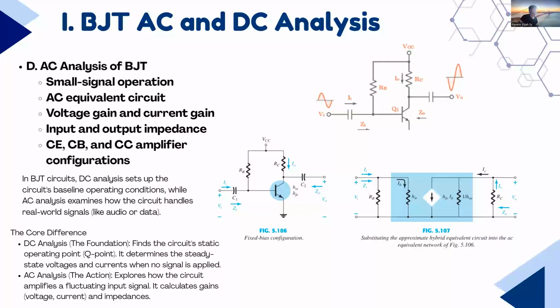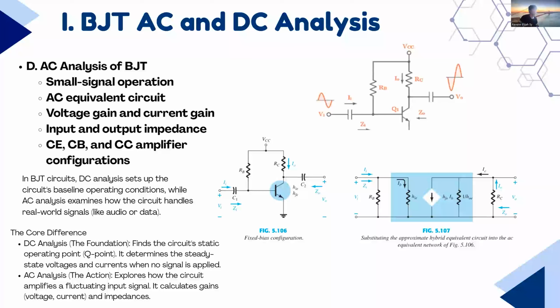Under small signal operation, the input AC voltage is kept small enough, typically a few millivolts, so the transistor operates linearly around its fixed Q point. This prevents the output signal from distorting.